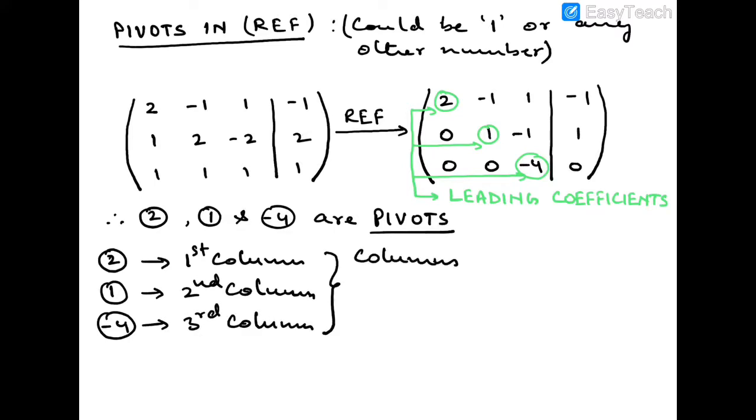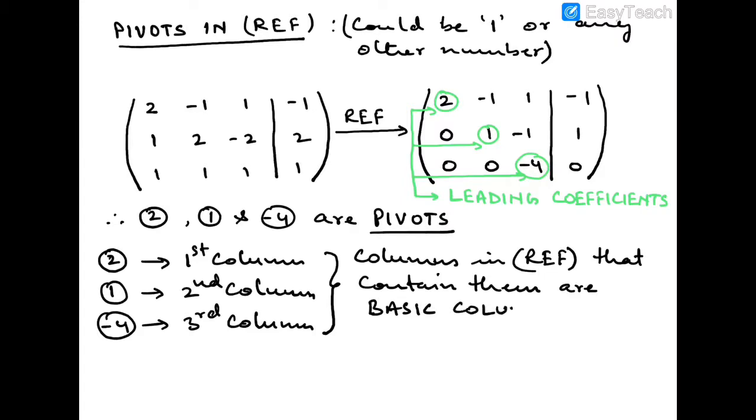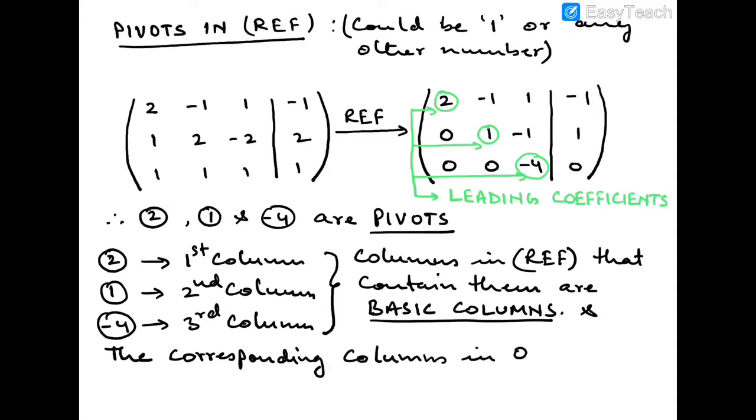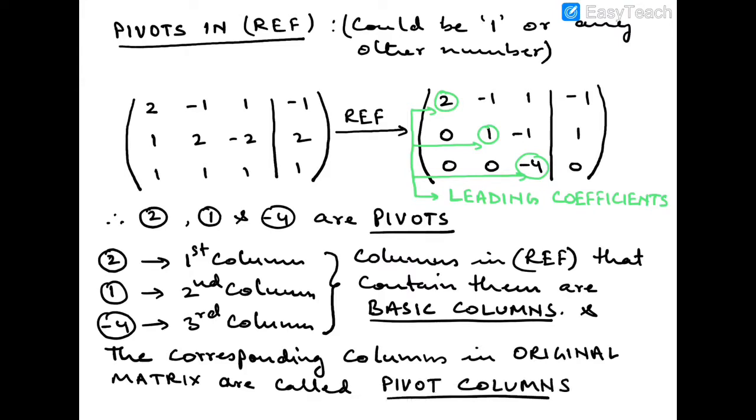Then the columns in REF that contain them are called basic columns, and the corresponding columns in original matrix are called pivot columns. So columns in REF or RREF form are called basic columns, and the columns in original matrix are called pivot columns.